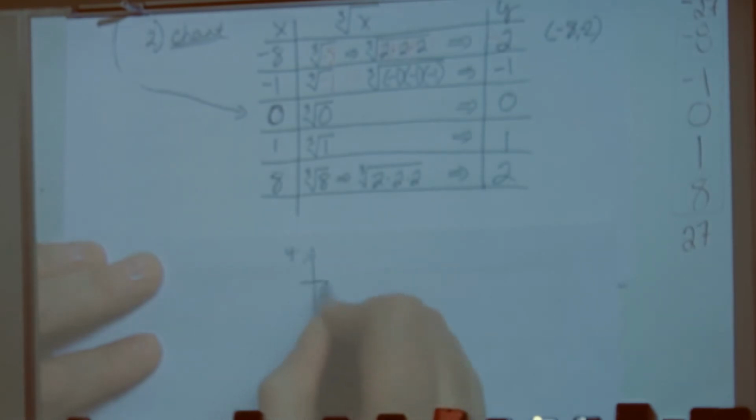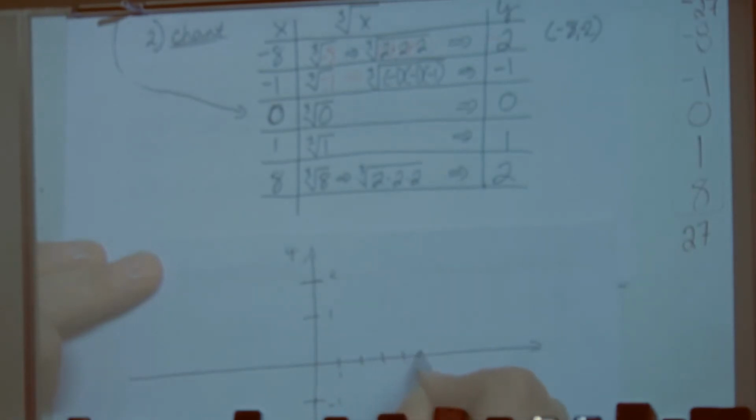So I've got 2, 1, there's my 0, -1 and -2. I'm just going to do single ticks, so 1, 2, 3, 4, 5, 6, 7, 8. So my x-axis. -1, 2, 3, 4, 5, 6, 7, 8.